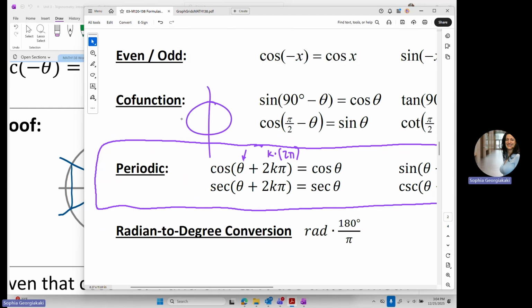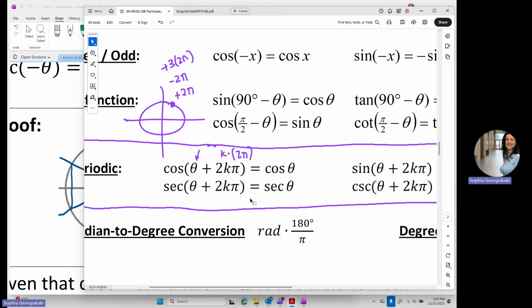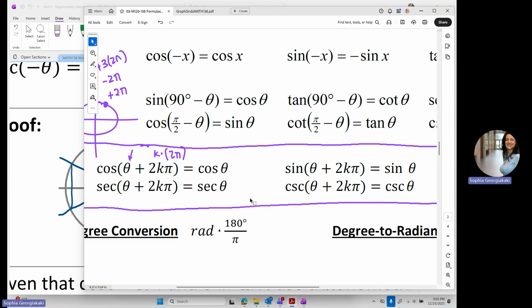So if you are here and then you just add a 2 pi, or if you subtract a 2 pi, or if you add 3 times 2 pi, you will always end up in the same location. So you will end up having the same sine and the same cosine because you have the same x, y, and r. So the sine, the cosine, the secant, and the cosecant are periodic functions, and they repeat their values every 360 degrees.